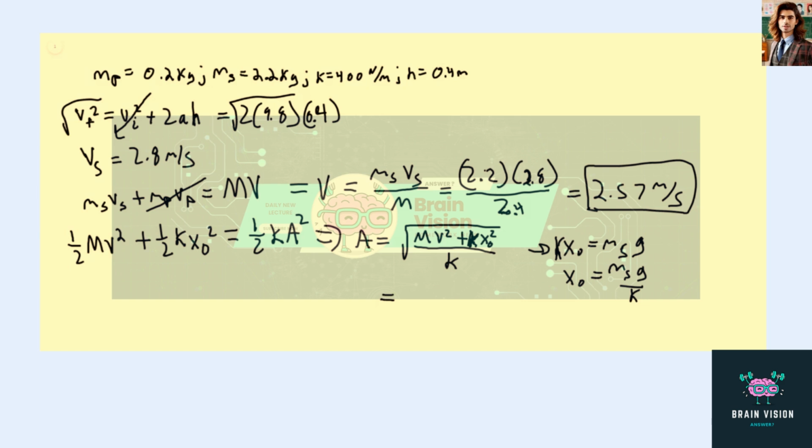Then we could replace x naught with this quantity here. We have the square root of mv squared plus k times msg over k squared, over k. If we plug all these quantities in, we get 0.21 meters.